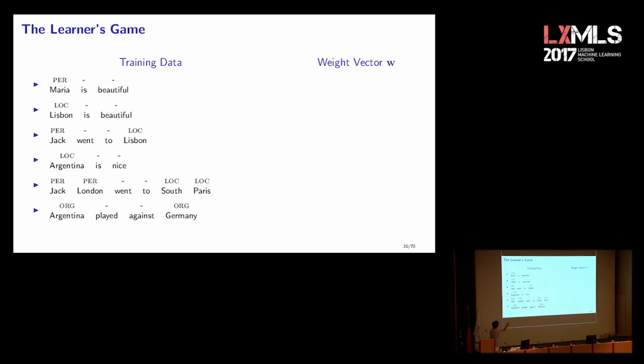What's the score of this sequence? 0. Yeah, it's 0, because all the weights are 0. So what we need to do is set up weights associated to a certain instantiation of the template such that the good ones get on top. So now we're even.